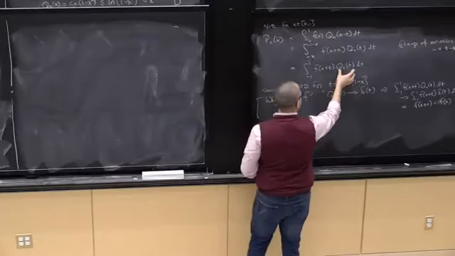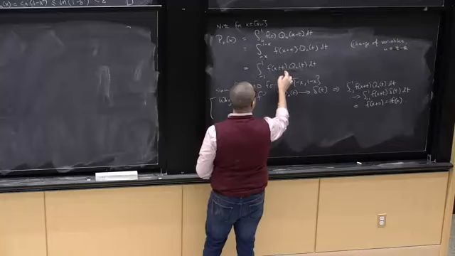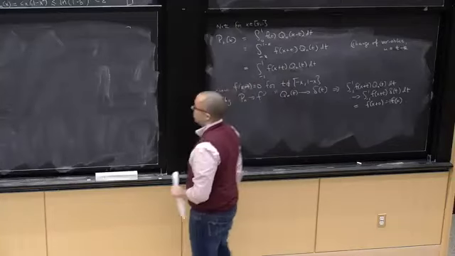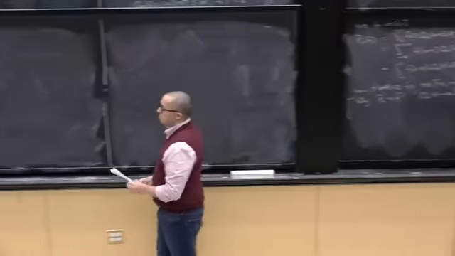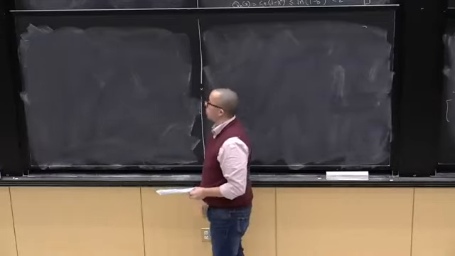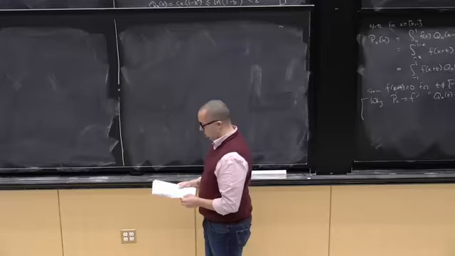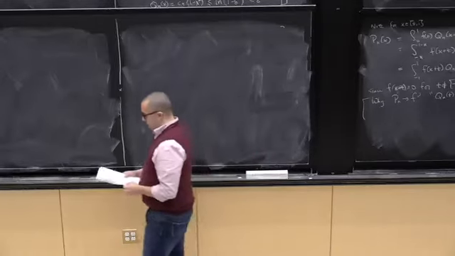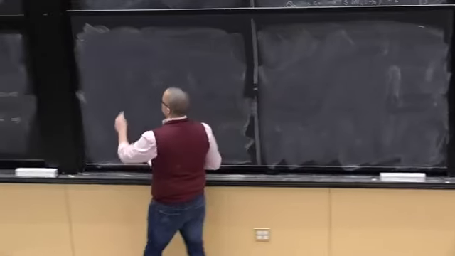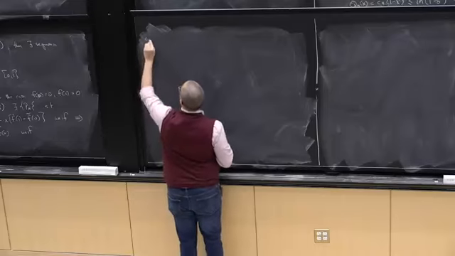Since this is concentrating at the origin, t equals 0, I should just pick up f of x plus t at t equals 0, which is f of x. And why f of x, not some constant times f of x? That's because the integral of Q sub n is 1. Okay, so now let's prove that the P n's converge to f uniformly.